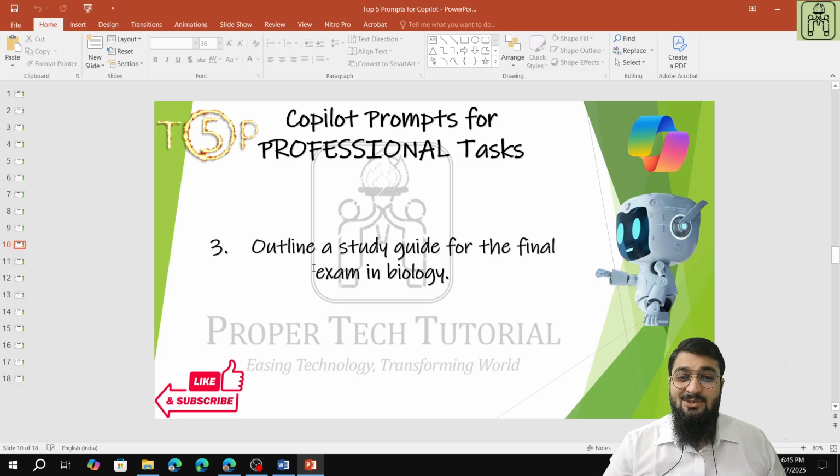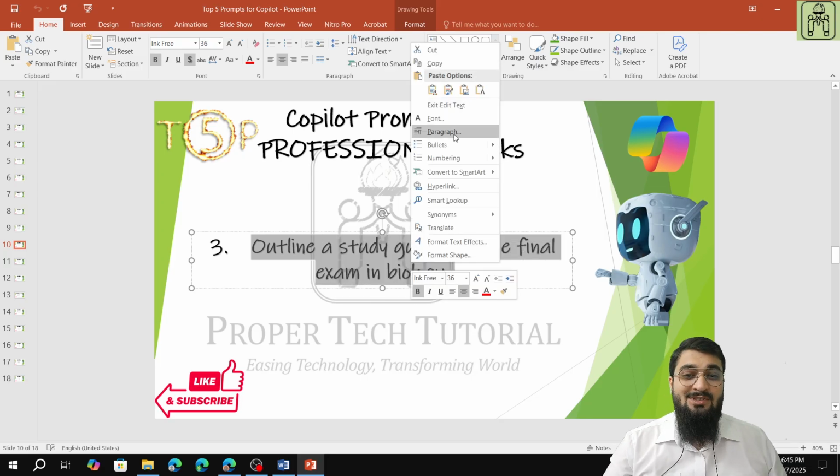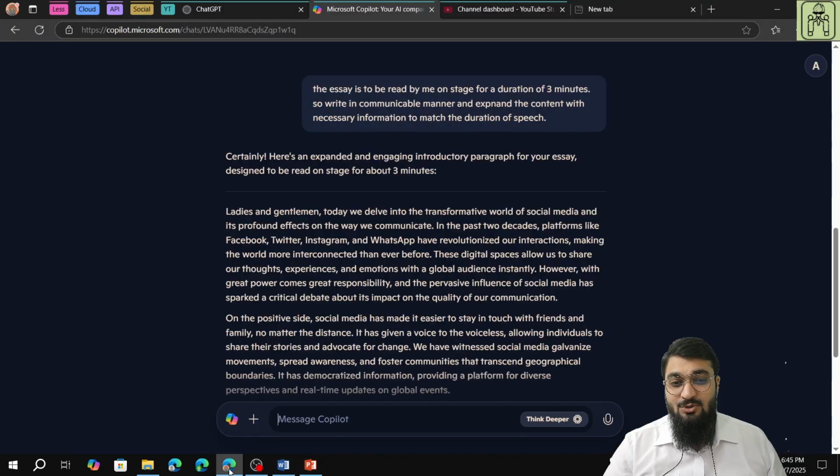Coming to the next prompt which we can use, the type of prompt. Next is to outline a study guide for a final exam in biology. This is something which is very useful for students.